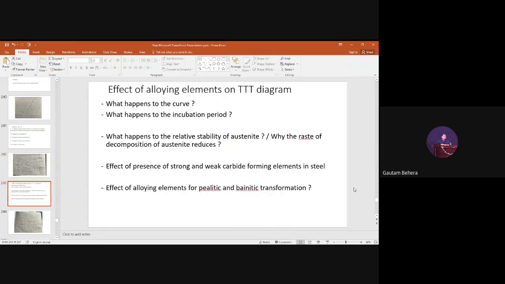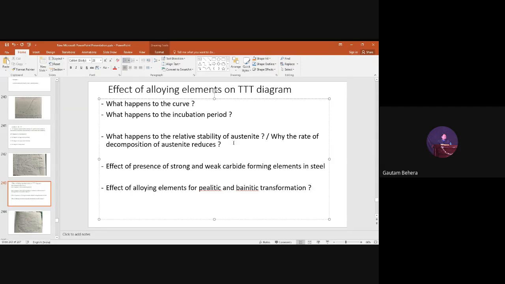The rate of decomposition of austenite will decrease due to addition of alloying elements except cobalt, because as you remember, we have two types of alloying elements: ferrite stabilizers and austenite stabilizers. Austenite stabilizers are nickel, manganese, carbon, nitrogen, cobalt, copper, right? The austenite stabilizer's function is to stabilize the austenite phase.